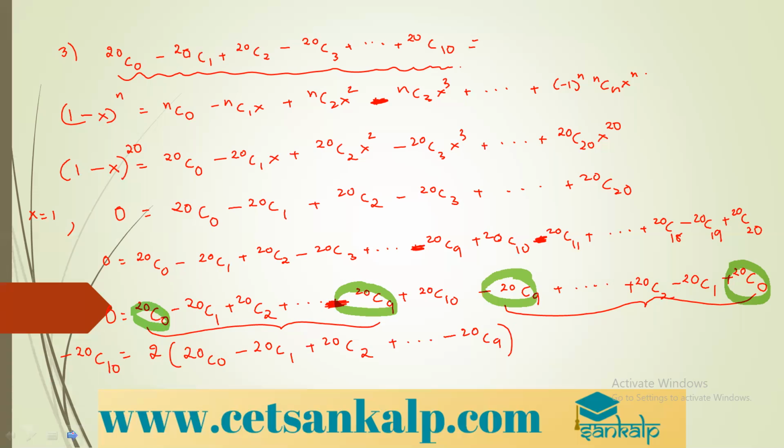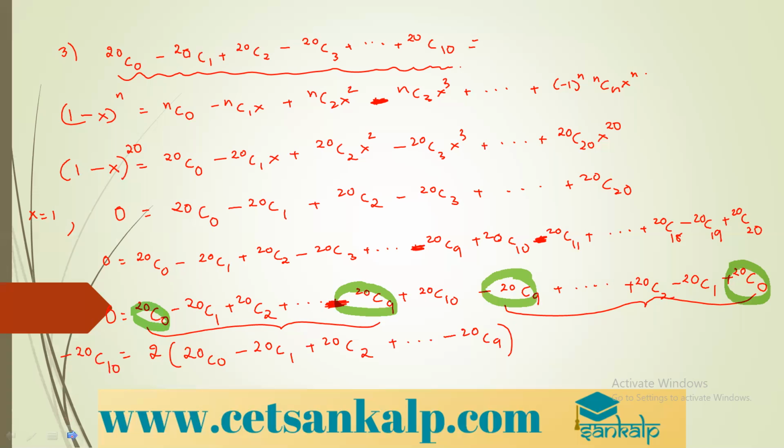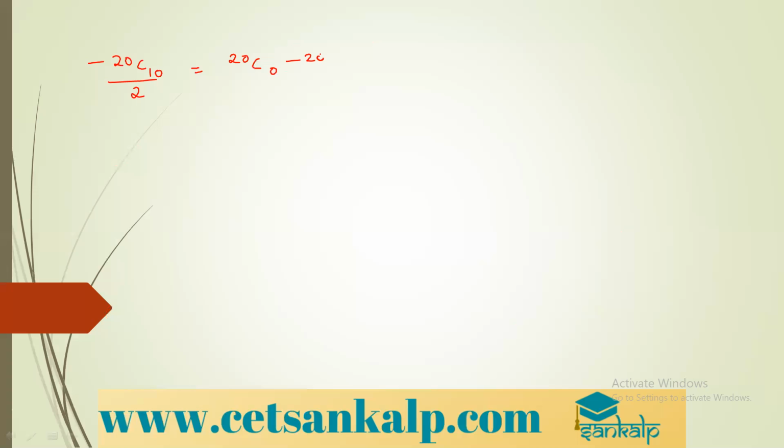So now on the next page, I will take minus 20C10 divided by 2 equal to what all is left: 20C0 minus 20C1 plus 20C2 minus 20C3 up to minus 20C9.